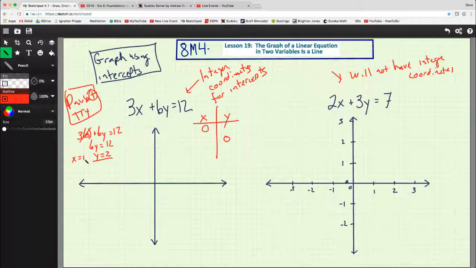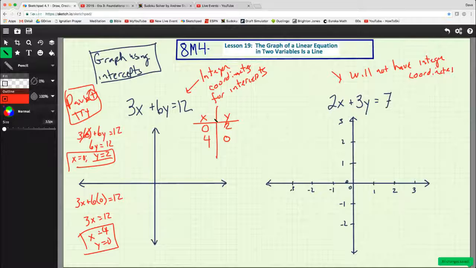So x equals 0, y is 2. And then when y is 0, we get 3x plus 6 times 0 equals 12. So 3x equals 12, x equals 4, and that's when y equals 0. So to graph this guy, we go to 0, 2.